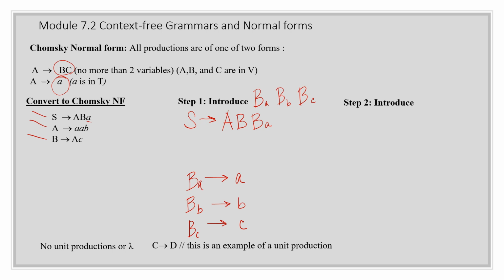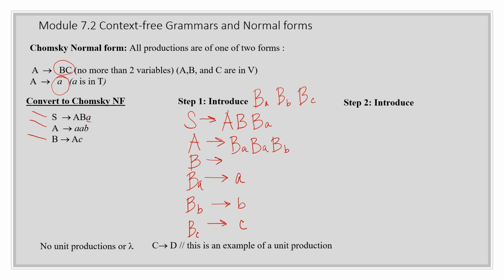Now this is still not in Chomsky normal form because it has three variables, so we're going to have to do another step in order to do that. All right, so then our next one, our a, is going to be replaced by B sub A, B sub A, and B sub B. Again, we're going to have to take another step from here, but for right now, we can keep this, one step at a time.